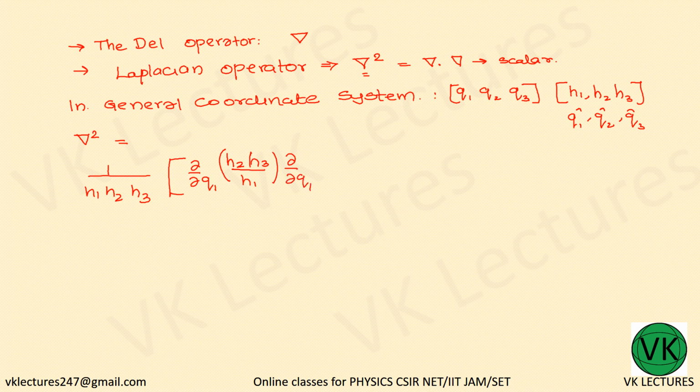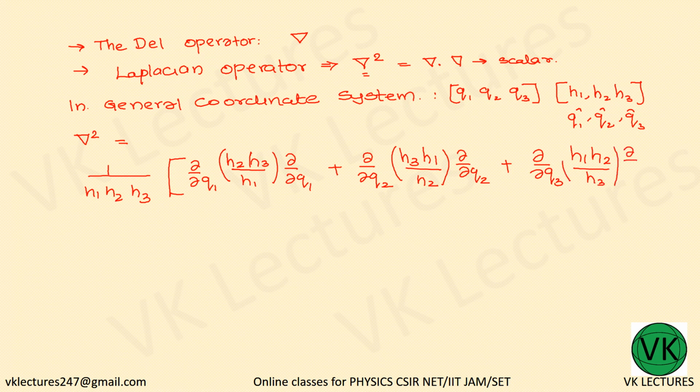Now plus, just continue as it is, dou by dou q2 of h3 h1 by h2 times dou by dou q2, plus dou by dou q3 of h1 h2 by h3 times the dou by dou q3. So this is what is del square in general coordinate system.